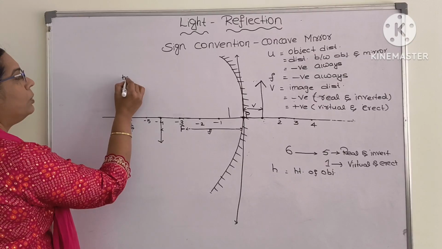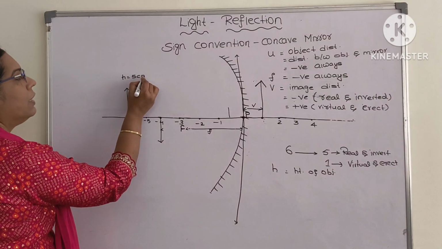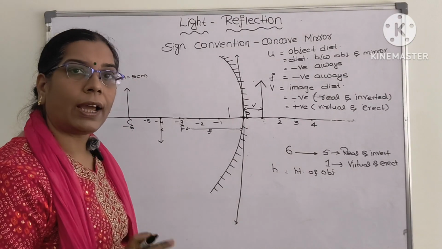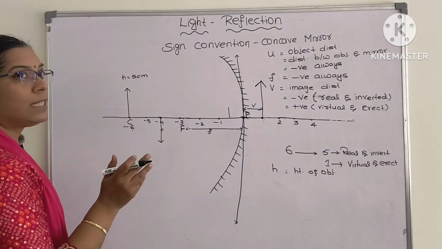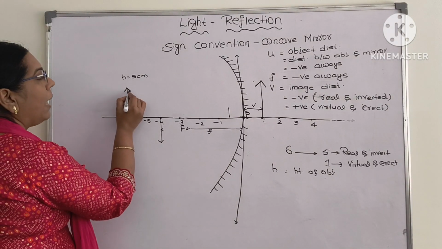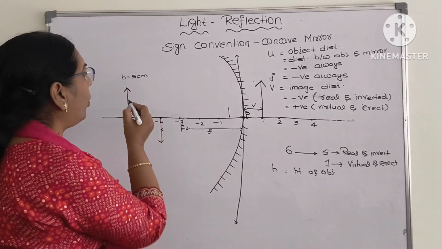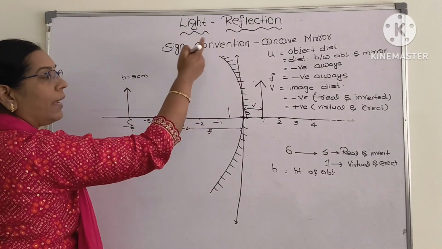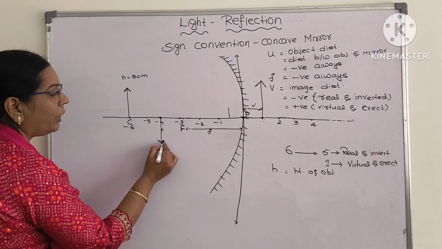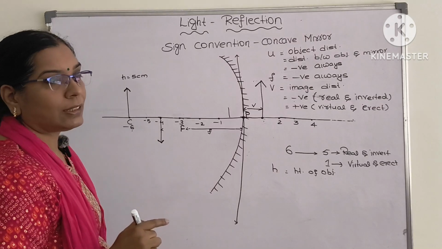So the height of the object is 5 centimeters. Since we are talking about the height of the object, I will see this arrow mark is pointed towards which direction? Is it pointed towards the positive y-axis or is it pointed towards the negative y-axis?